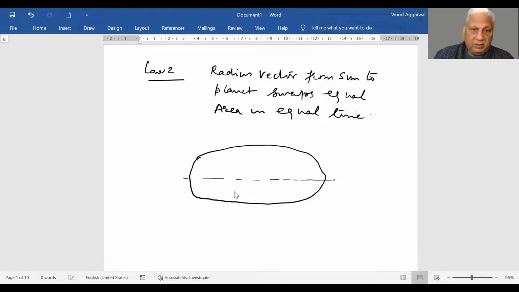This is the major axis and our sun is here. This is our sun. This is our planet.